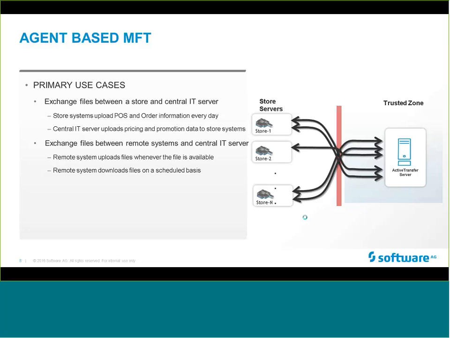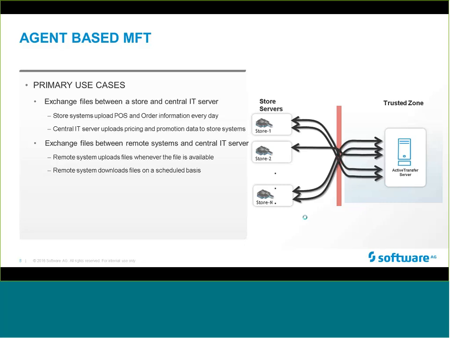Or you may be a warehousing or logistics provider with distributed warehouses throughout the globe. With such distributed installations, whether stores, bank branches, or warehouses, you are going to have IT systems in those remote locations as well, and you may need to transfer files between those remote systems and your central IT infrastructure.